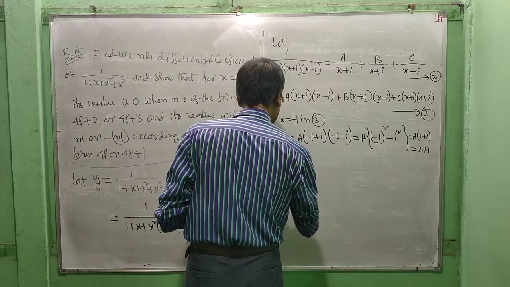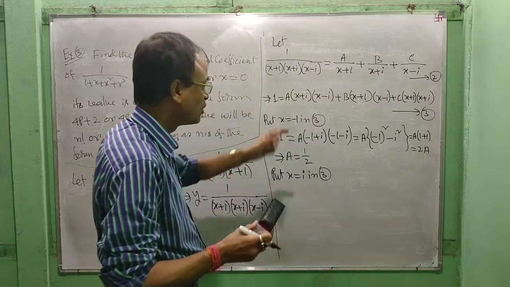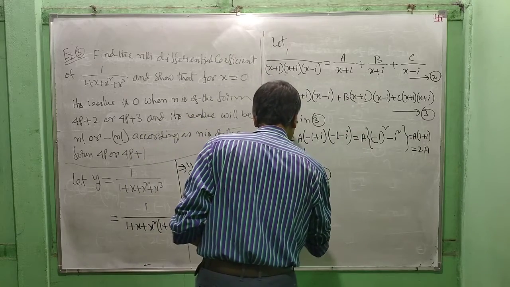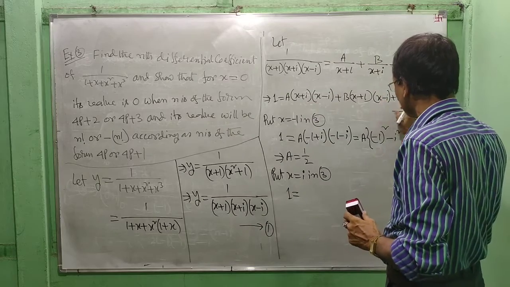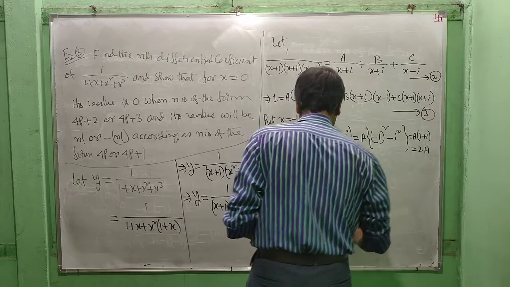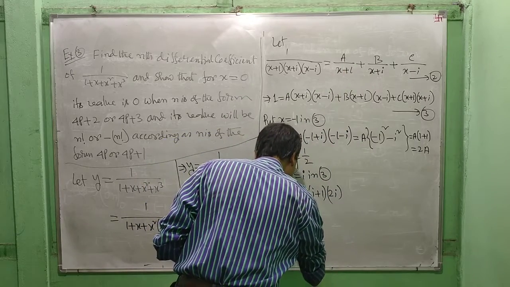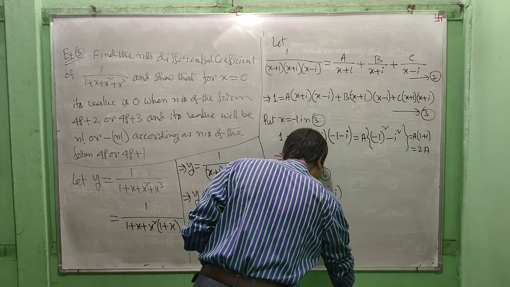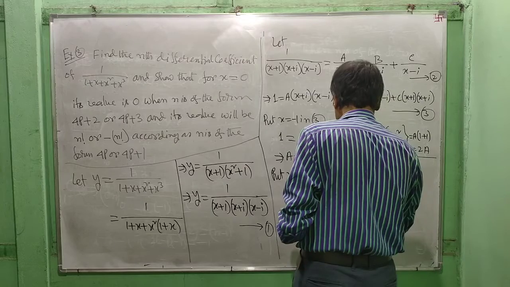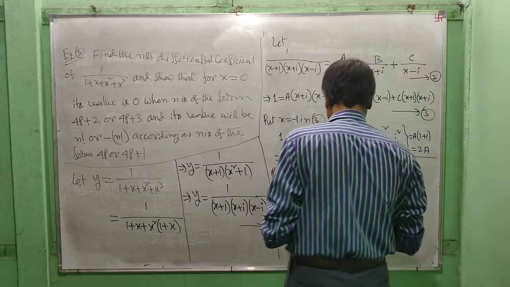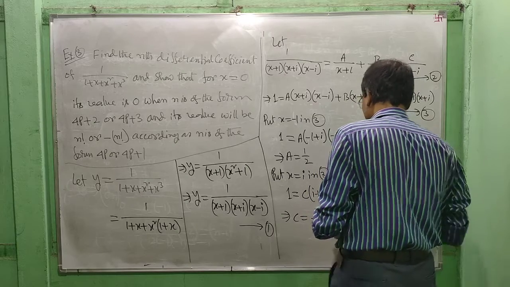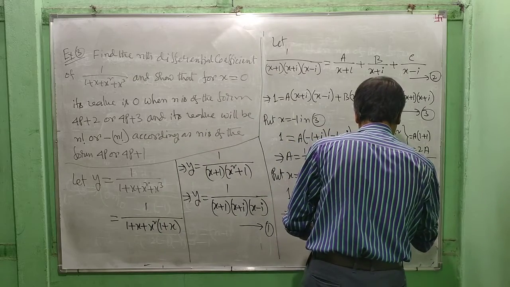Now put x is equal to i in 3. If you put x is equal to i, this term will be equal to 0 and this term will be equal to 0. 1 is equal to c into (i plus 1) into twice i. This means c is equal to 1 by twice i into (1 plus i). For 1 you may write minus i square, so c is equal to minus i square by twice i into (1 plus i), and in the numerator and denominator multiply by (1 minus i).